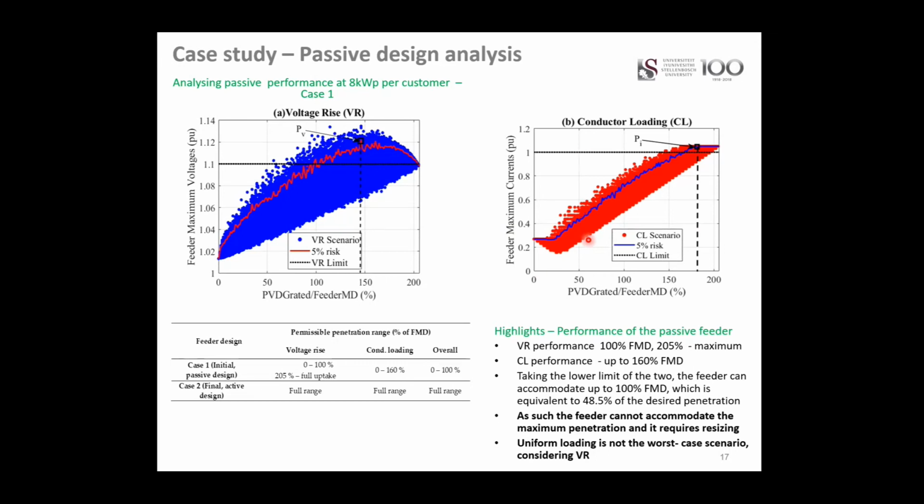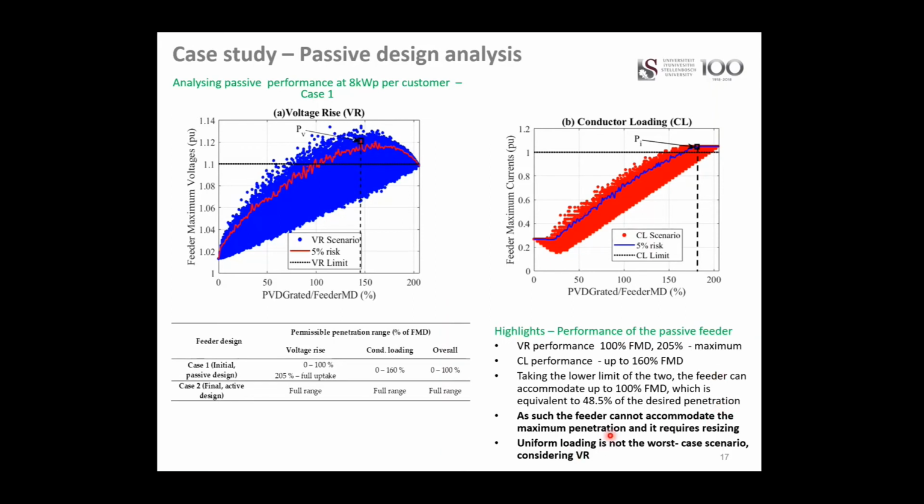Based on the voltage rise performance, the feeder can accommodate up to 100% of feeder maximum demand, which is approximately 48.5% of the desired penetration level.